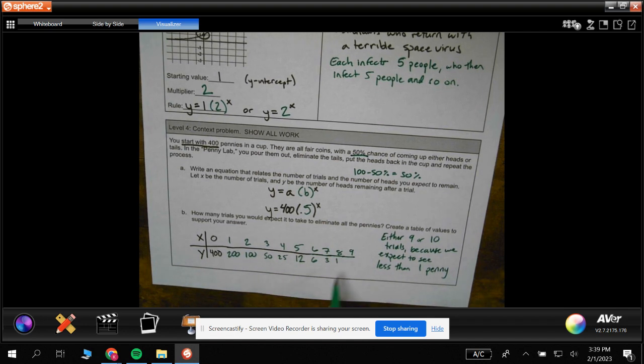If we take it away, we're down to half. Theoretically, half, 50-50 chance, could be heads, could be tails. Do it twice, unlikely it's going to come up heads twice in a row. Okay. So, either 9 or 10 trials.